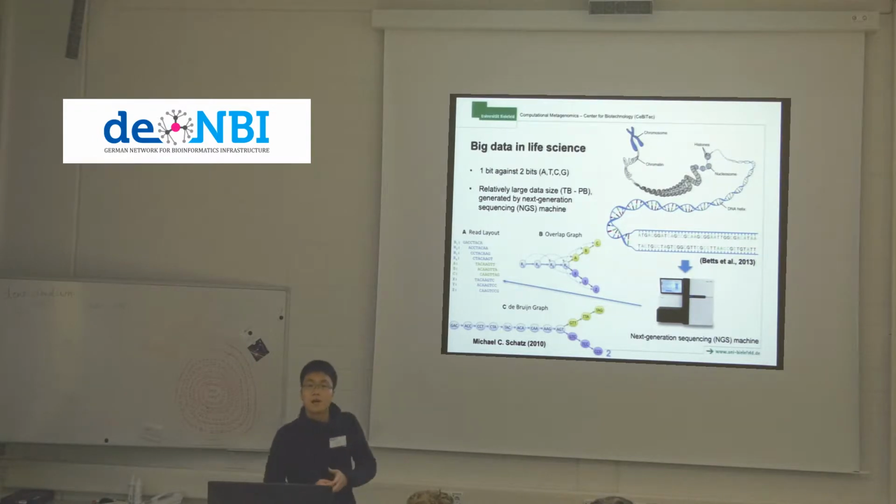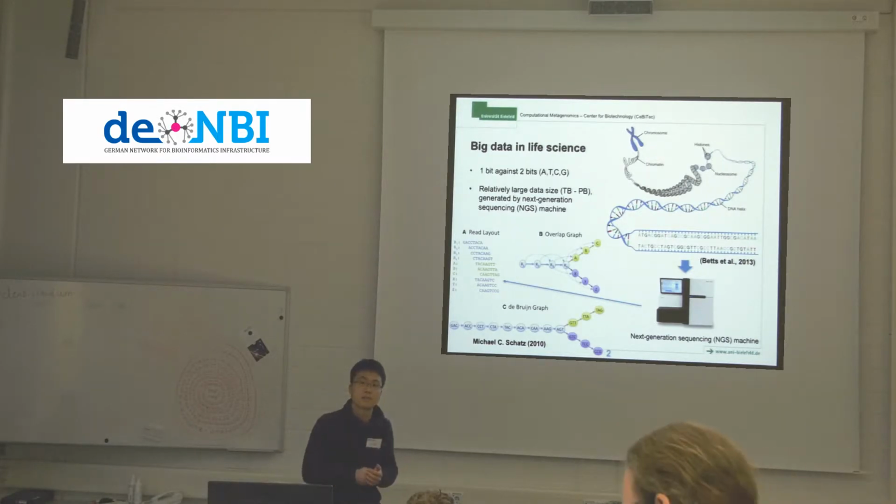So the motivation of my work is to address the big data challenge in life science, particularly the NGS data sequenced from next generation sequencing. As we all know, the human genome, all the genomes, are extremely large. Humans, for instance, have 3 gigabases of nucleotides.